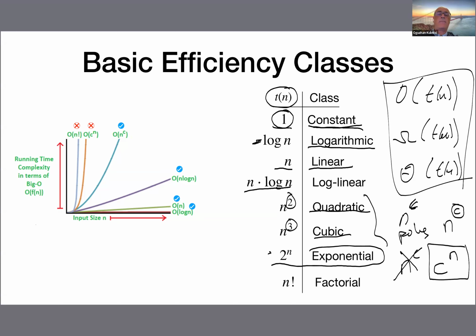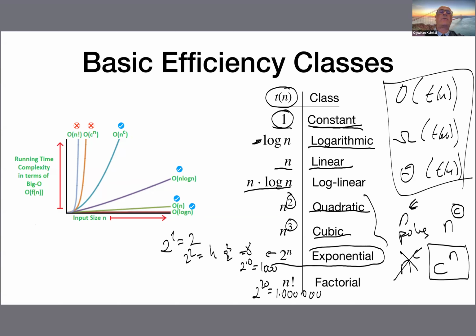Remember the order of growth from the previous video: 2 to the 1 is equal to 2, 2 to the 2 is equal to 4, 2 to the 3 becomes 8. You see, it's increasing very fast. When you come to the 10th step, 2 to the 10 will be about 1,000. When you go to 20, this will be about 1 million.